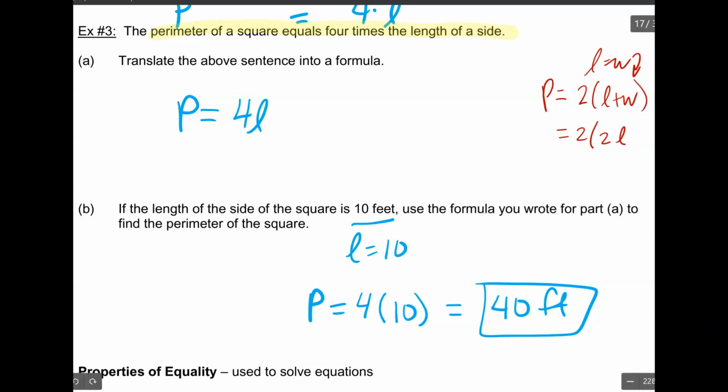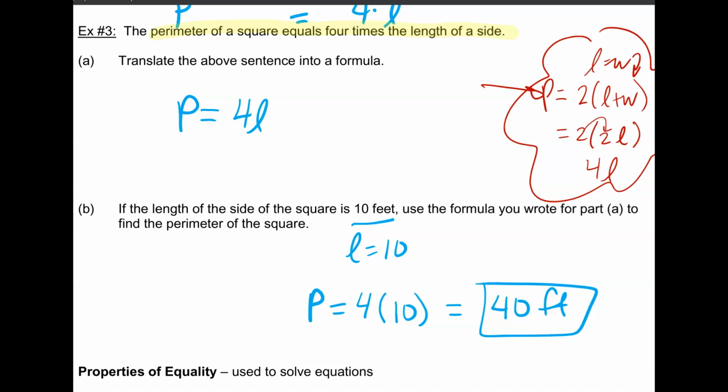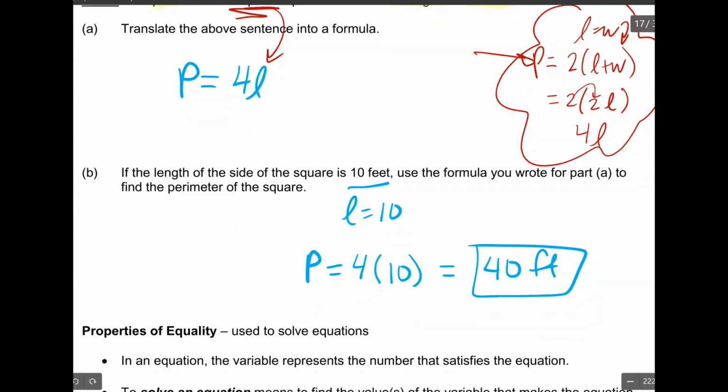So I could say this is equal to 2L, 2 times my length. Well, 2 times 2 gives 4L. This is the general perimeter for a 4-sided object, like a rectangle. But if I only talk about the perimeter of a square, since I know all the sides are equal, it's going to be 4L.